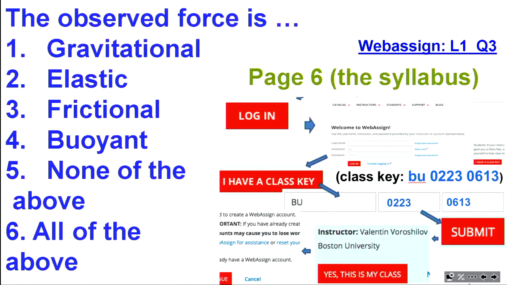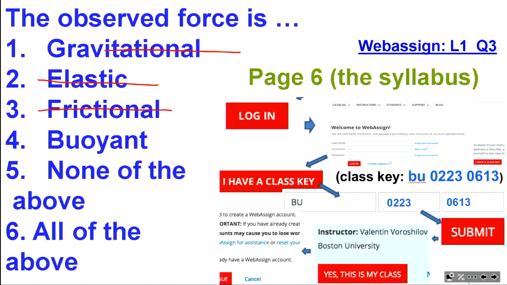Naturally, I expect that you would eliminate gravity, because gravitational attraction requires a lot of mass in order to be measurable. No elastic force. You don't see any strings or springs between the bat and the balloon.